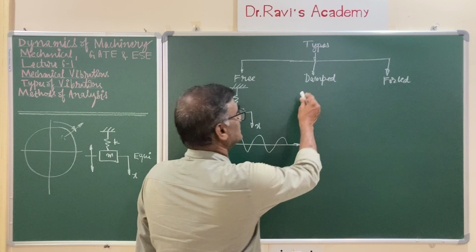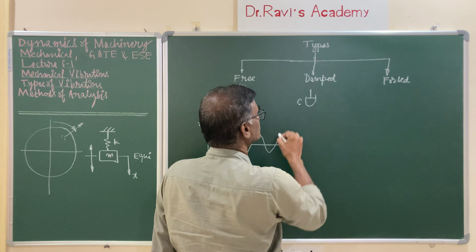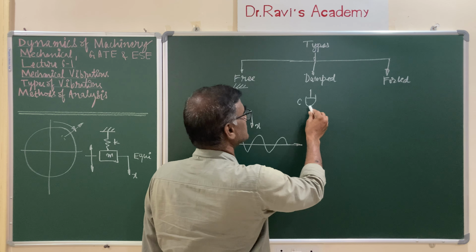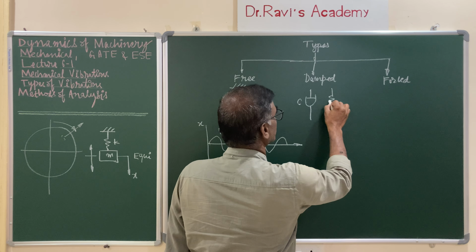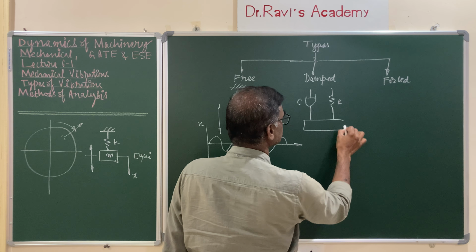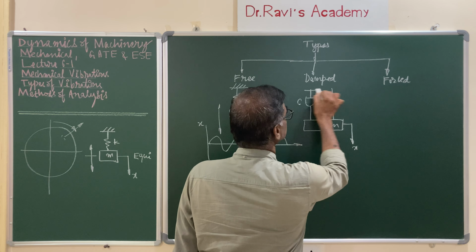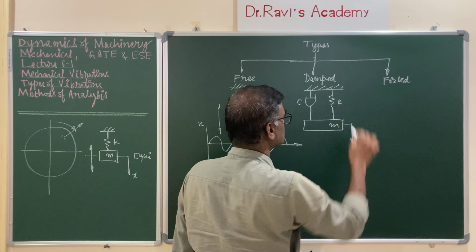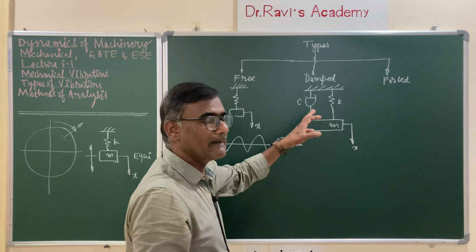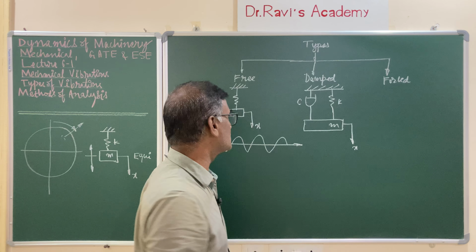Damped vibrations: here you have a damper whose coefficient is c, and your spring stiffness is k. It is attached to the mass m. Now this is displaced. Here the damper makes the amplitude of vibration reduce drastically from cycle to cycle.